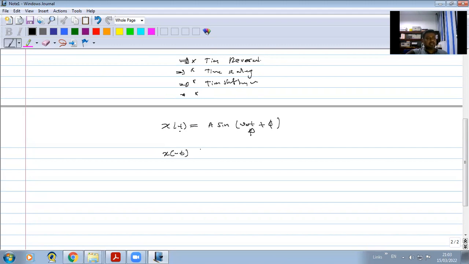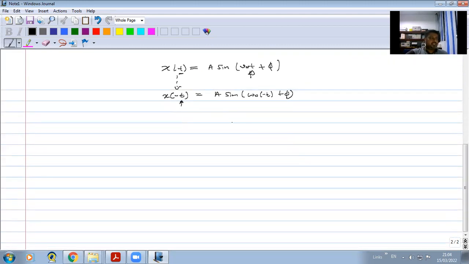That is time reversal. So we have sine(omega naught, minus t, plus 5). Now the variable is minus t. So this is the time transformation.